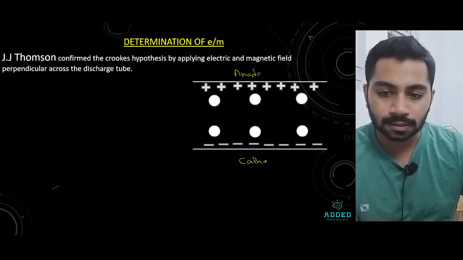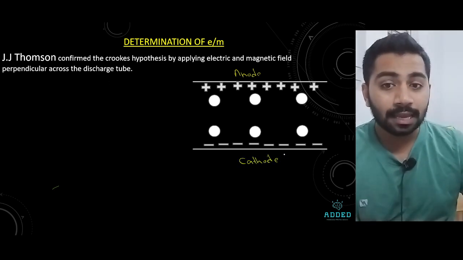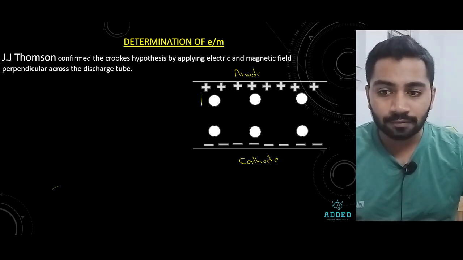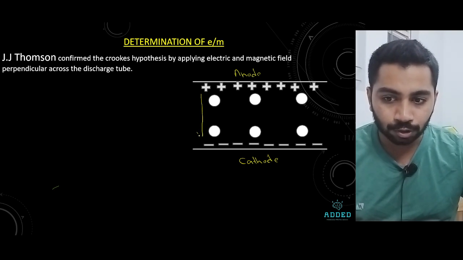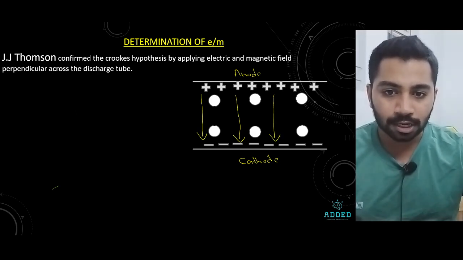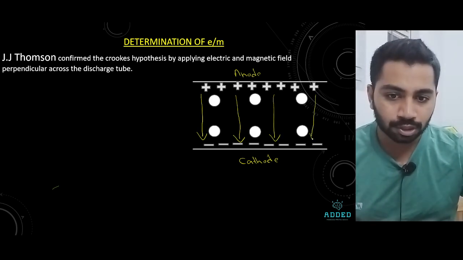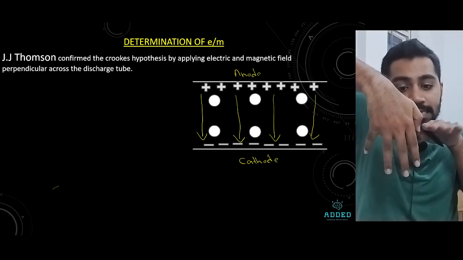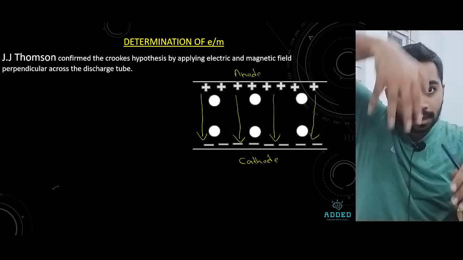We all know this basic. For this, he passes an electric field, and we know the electric field goes from positive to negative. It is passing like this. For this, he sent a magnetic field like this.